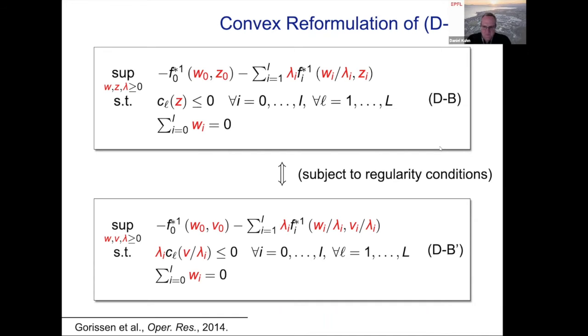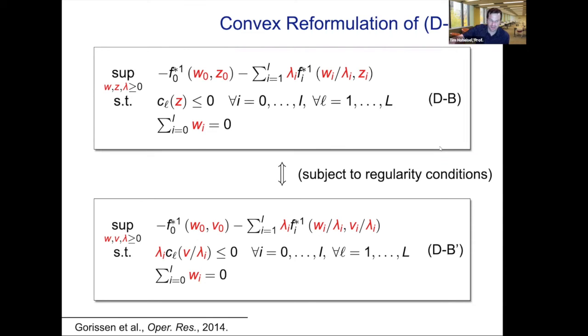But then the inequality. So you introduce this lambda or v over lambda I, and in the inequality in the DB prime problem, now multiplied by lambda I. But I'm just wondering. I don't doubt it at all.